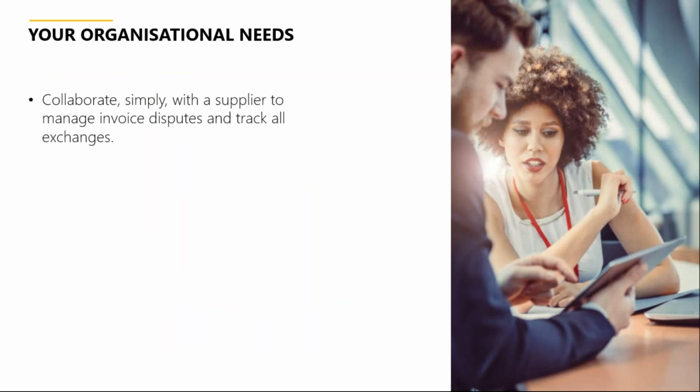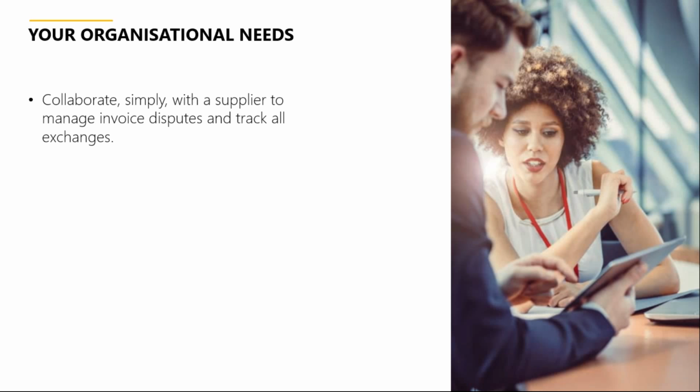So the first part of this that we're going to look at is how does this relate to yourselves from an internal perspective? Well, the first one is just to be able to work more simply, easier, faster with the supplier on their invoices. Now, that may be on a very basic level about, I've had a phone call and where is it? We'll come back to that one.